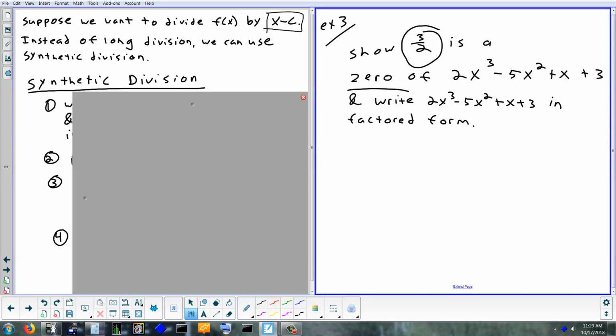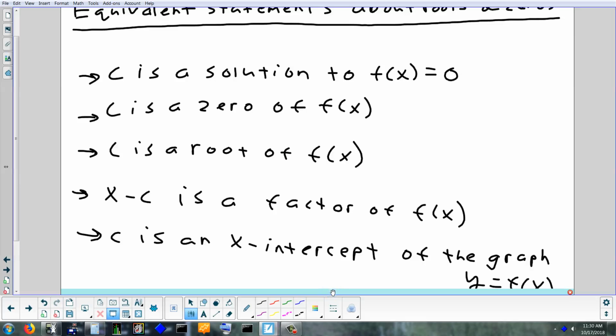I'm going to show something that means the same thing as that. Okay? If we look at what we did yesterday, showing that a number is a 0 is the same as showing the number is a root. It's also the same as this, showing that x minus the number is a factor. That's what I'm going to show.